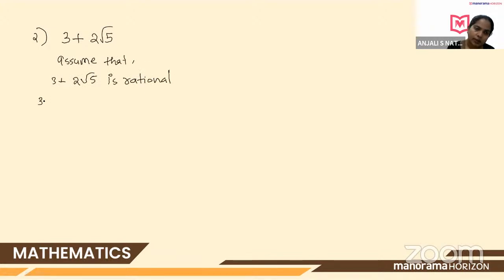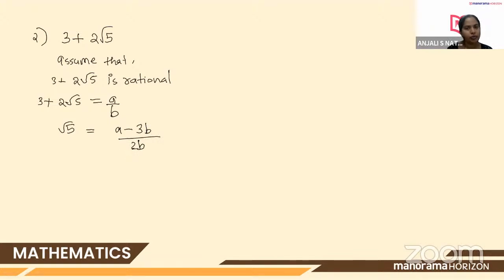That is, 3 plus 2 root 5 is equal to a by b, and from this root 5 is equal to (a minus 3b) by 2b.